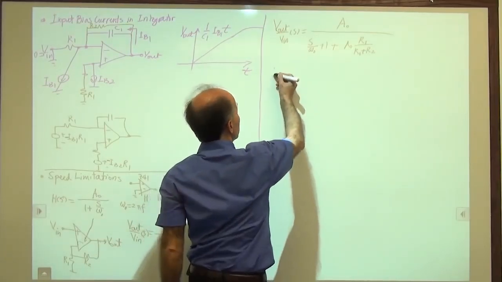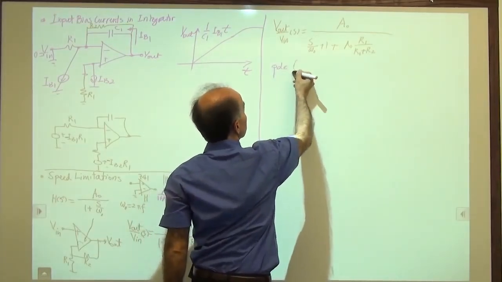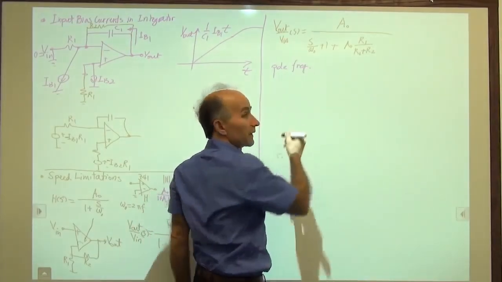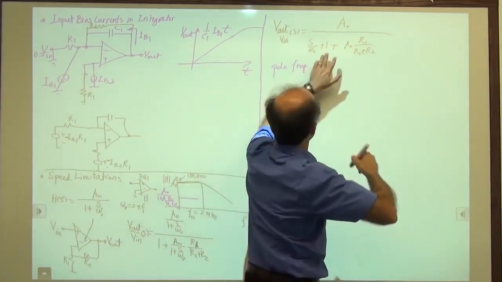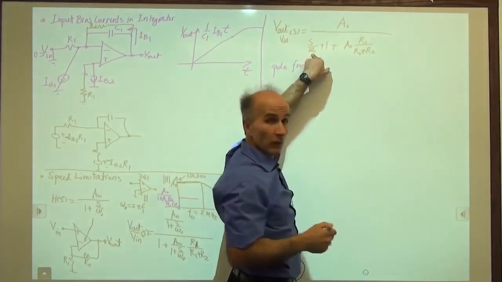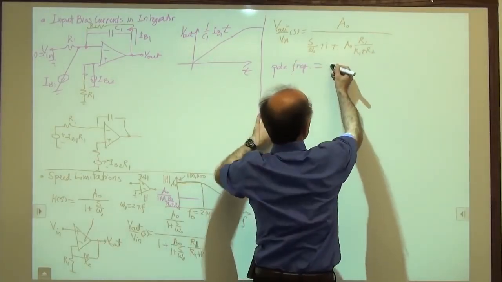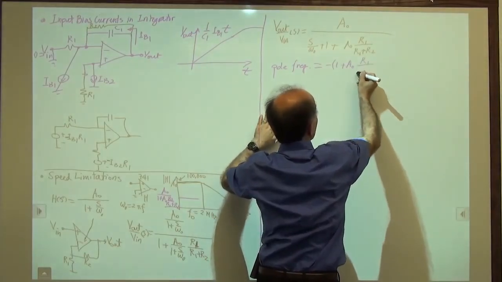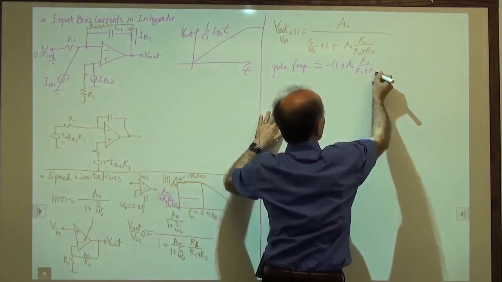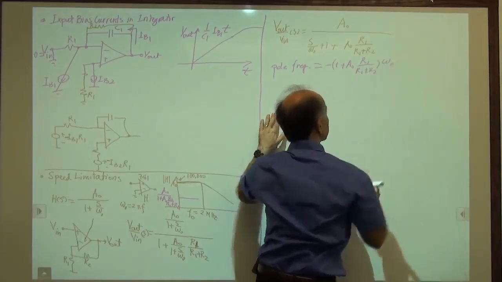So we see that the pole frequency of the closed loop amplifier, including everything, is this whole thing times omega 0 with a negative sign. So it's 1 plus A0 R1 over R1 plus R2 times omega 0.